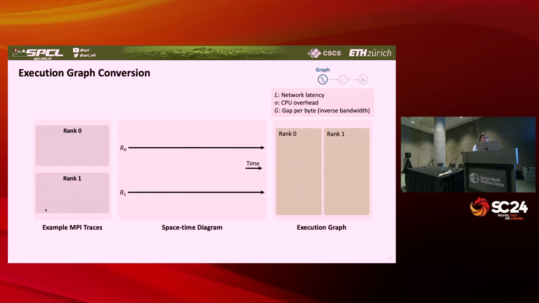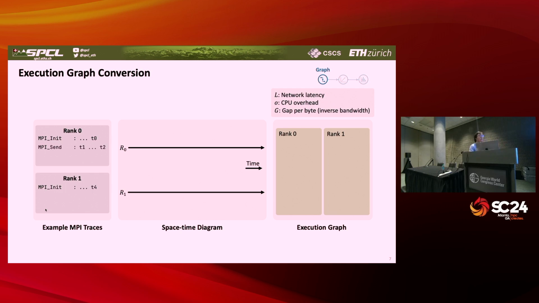So here, I want to demonstrate with an example how exactly we convert traces into execution graphs with the help of a space-time diagram. On the left side, we have the MPI traces. We first start with MPI_Init operations that have these timestamps T0 and T4 associated with them. And we perform MPI_Send on rank 0.